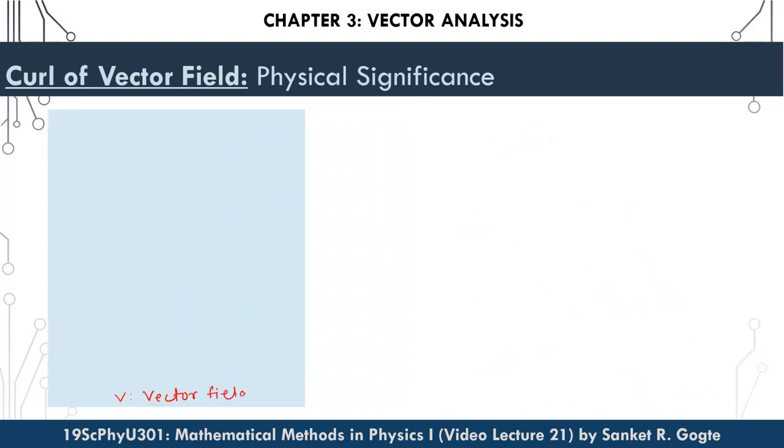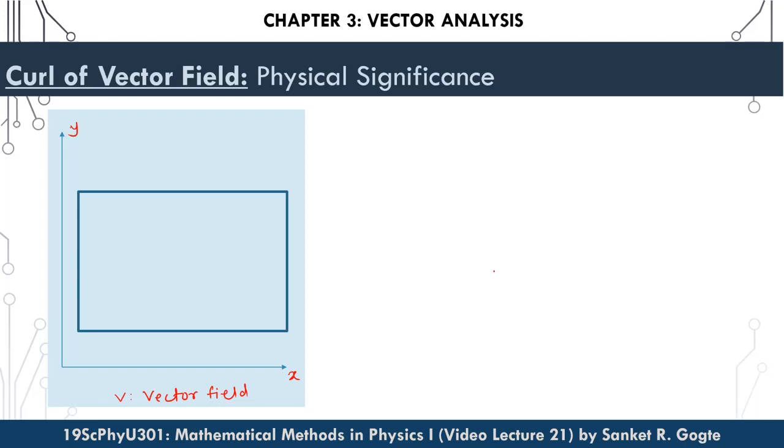This blue shaded area represents the vector field. Suppose this is x-axis and this is y-axis, and since we use right hand coordinate system, z-axis is now in the direction perpendicular to the screen, coming outside the screen. So z-axis is coming towards you when you are looking at the screen and is perpendicular to that screen.